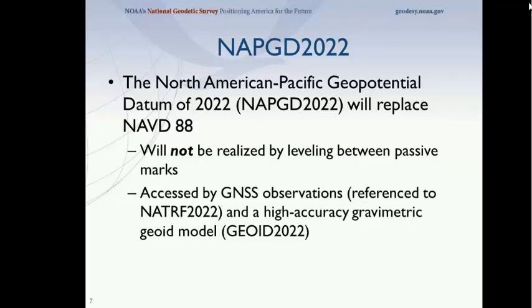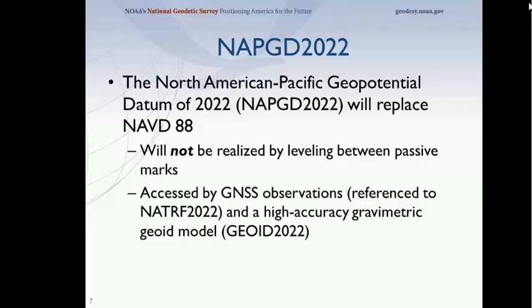So our goal at the National Geodetic Survey is that in 2022, which is 5 years from now, we will replace NAVD88. We will move away completely from this current reference and this current datum. And the big change, and this is a pretty huge change for us, is that our vertical datum will no longer be realized by leveling between passive marks.